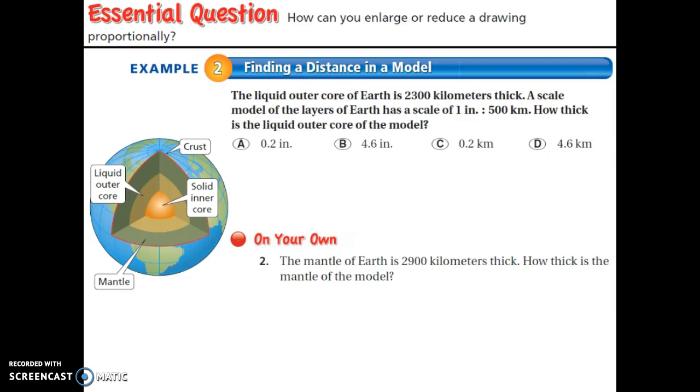In example 2, the liquid outer core of Earth is 2,300 kilometers thick. A scale model of the layers of the Earth has a scale of 1 inch representing 500 kilometers. How thick is the liquid outer core in the model? So we have our scale of 1 inch representing 500 kilometers.